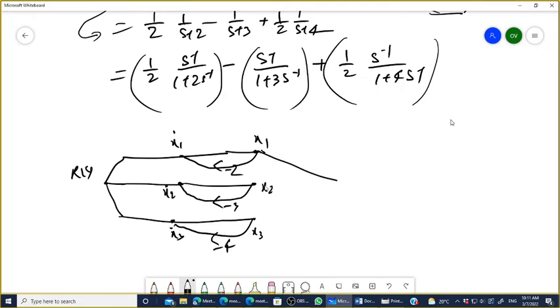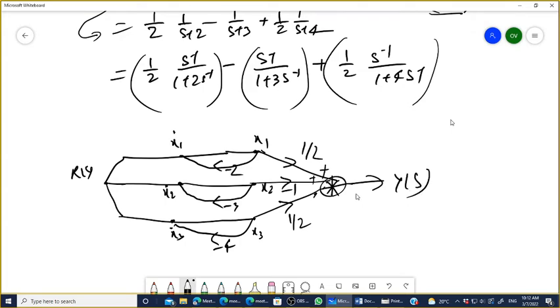And what are the different gains? This is 1 by 2, this is minus 1, and this one is 1 by 2. Add all this, and whatever you get, this is the Y(s).